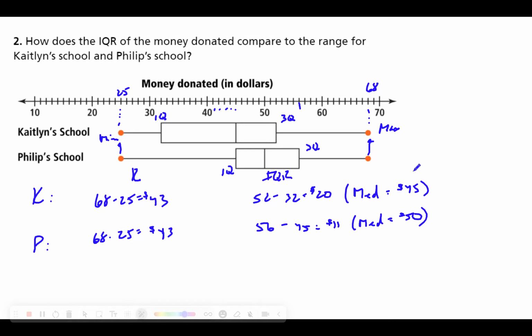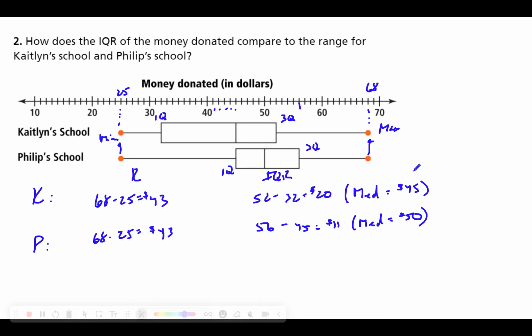Versus Philip, his median is 50. His median is higher than Caitlin's, and his IQR is smaller, which means that more people are giving more, because the median is 50, and his interquartile range is making his numbers go from 45 to 55. So the numbers that most of the people are giving are higher and closer than for Caitlin, right?